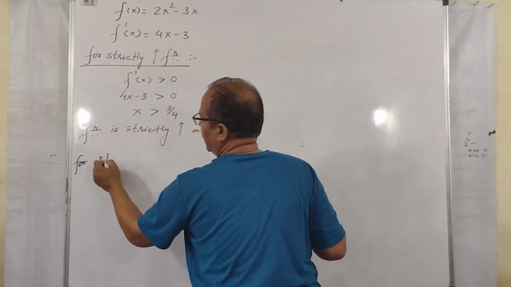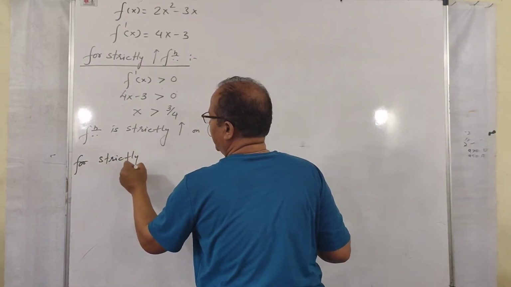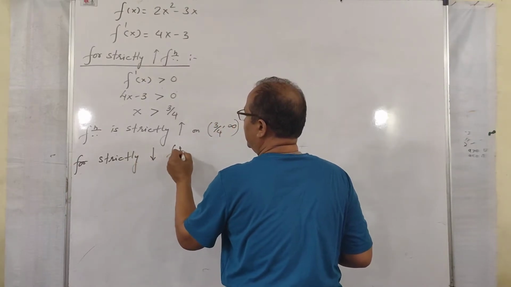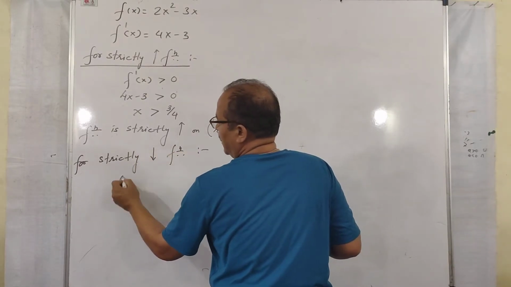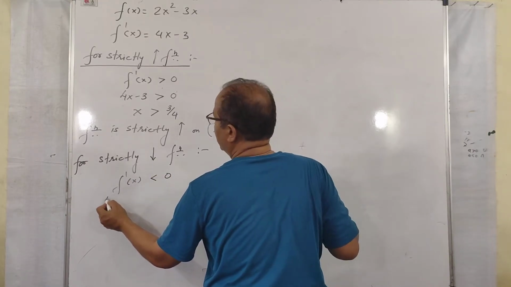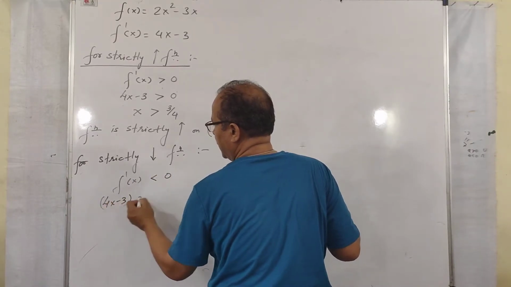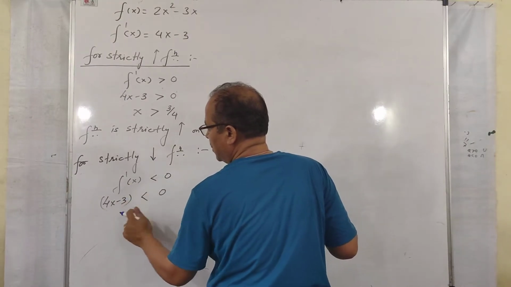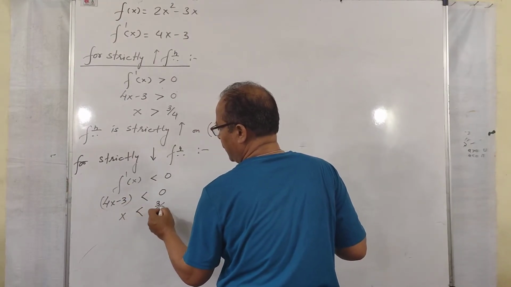For a strictly decreasing function, f dash x is less than 0, means 4x minus 3 will be less than 0, or x will be less than 3 by 4.